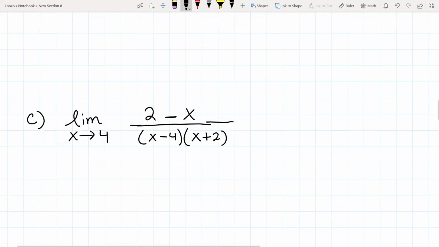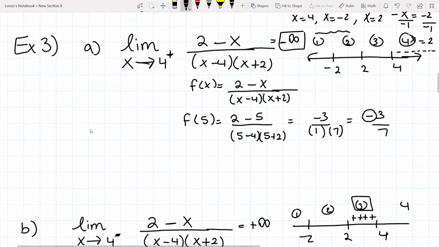And then lastly, part C, what is the limit as x approaches 4 of our function? Now this time we don't have to make the line because we just have to look at our previous answers. So for a one-sided limit, if these are the same, then it's whatever that number is. But if the limit from this side is different from the limit from this side, then it does not exist.